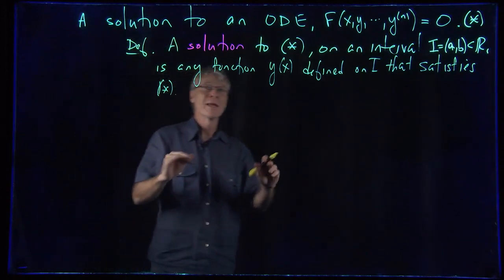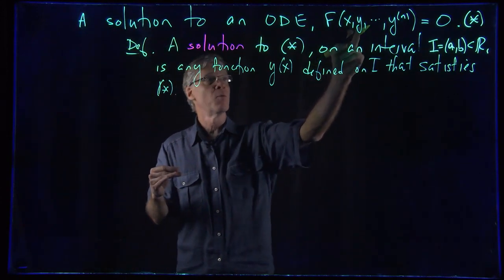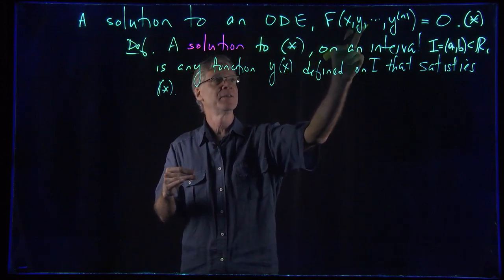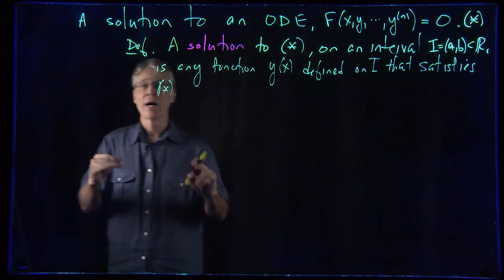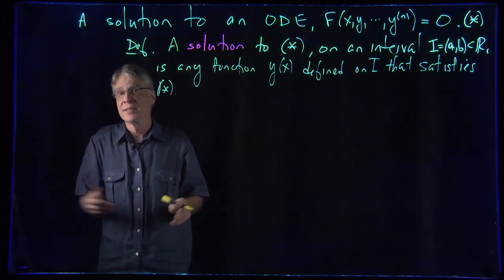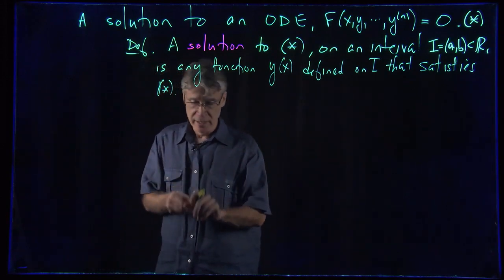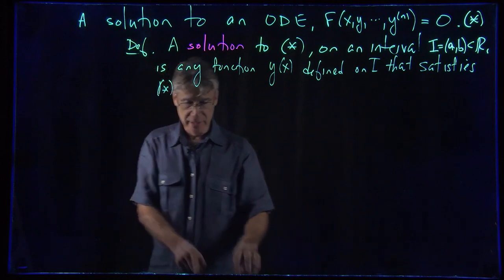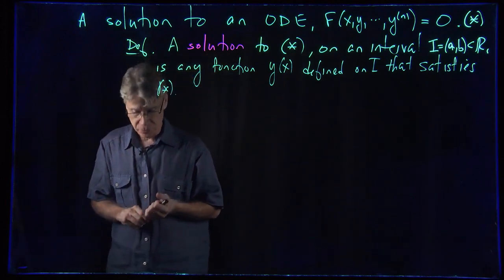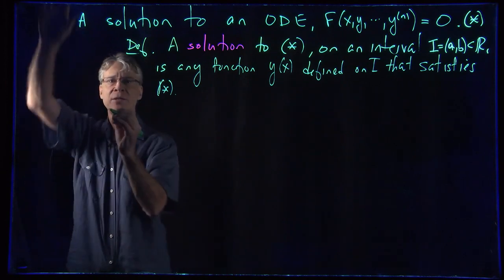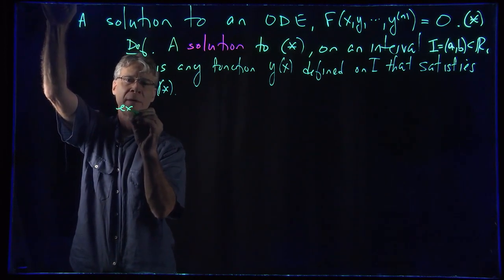So in other words, when I stick y, the expression for y, into here, when I take its derivatives and stick them into its various places, I wind up with the equation that makes sense. Okay. So this is really the idea of what a solution means to a differential equation. So let's go to our example.